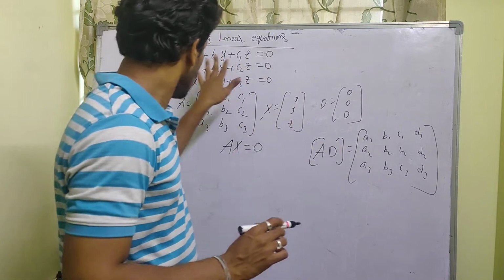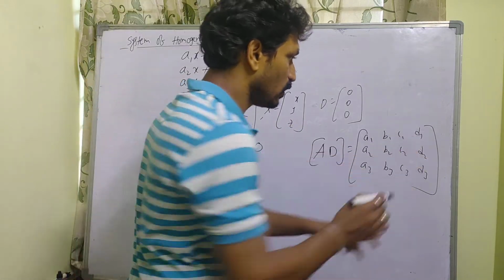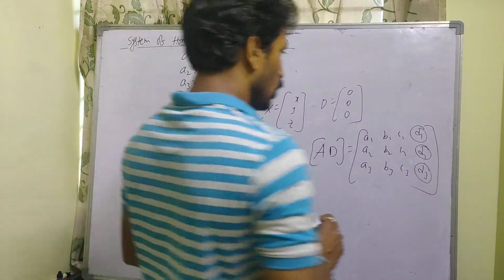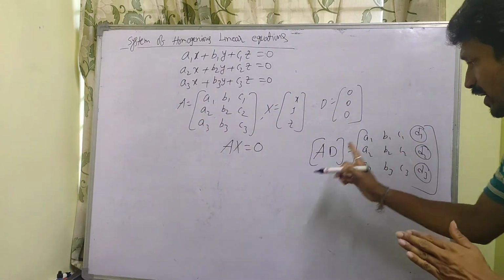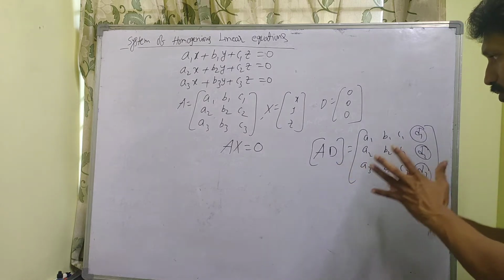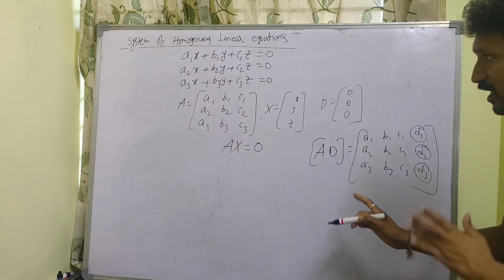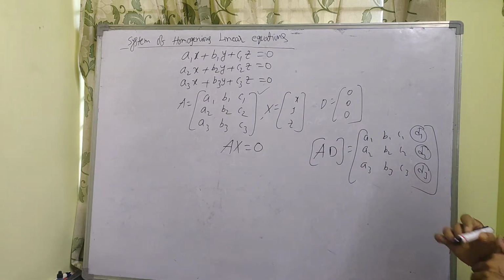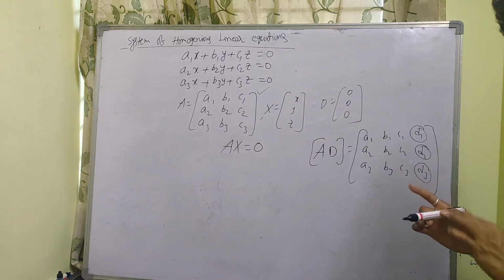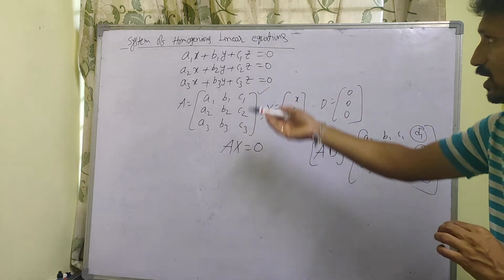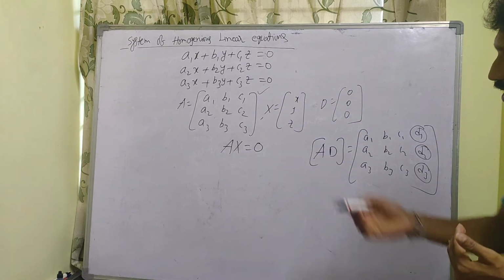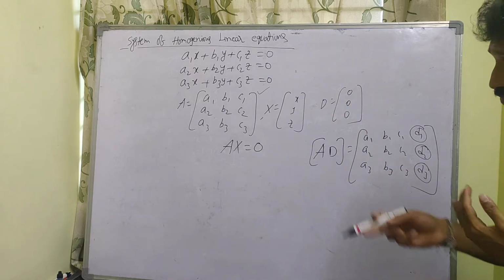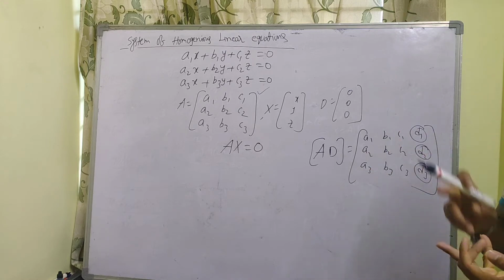But for homogeneous equations, these constants are nothing but zeros, so instead of the augmented matrix, directly consider the coefficient matrix only. By using rank, we can decide whether the system is consistent or inconsistent.